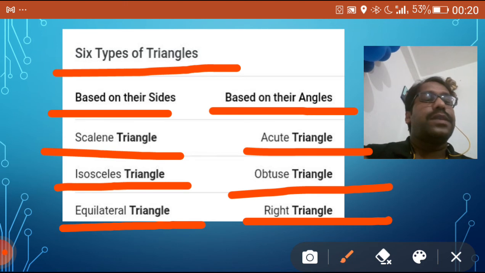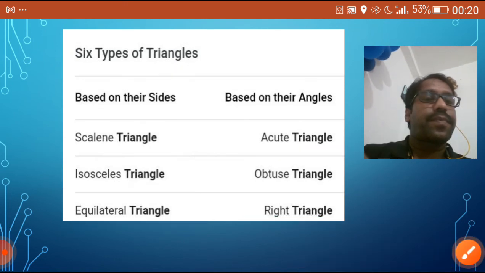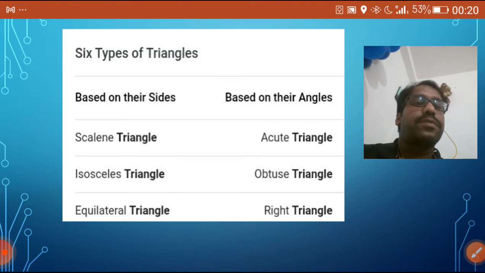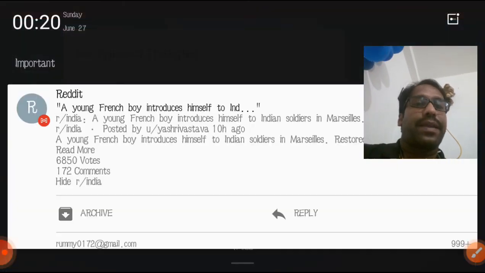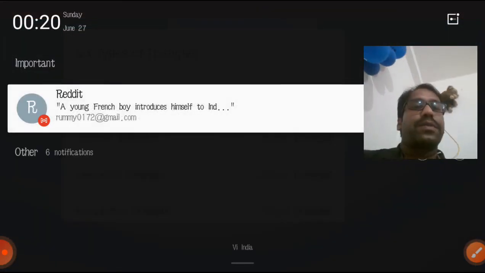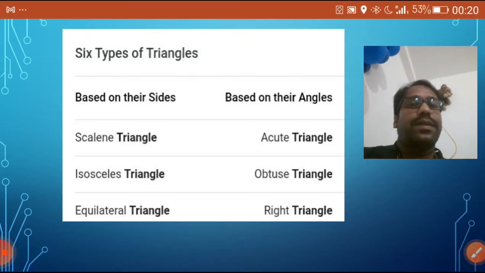First of all, we discuss our right triangle. It's a special type of triangle, so we are going to discuss the right triangle here.